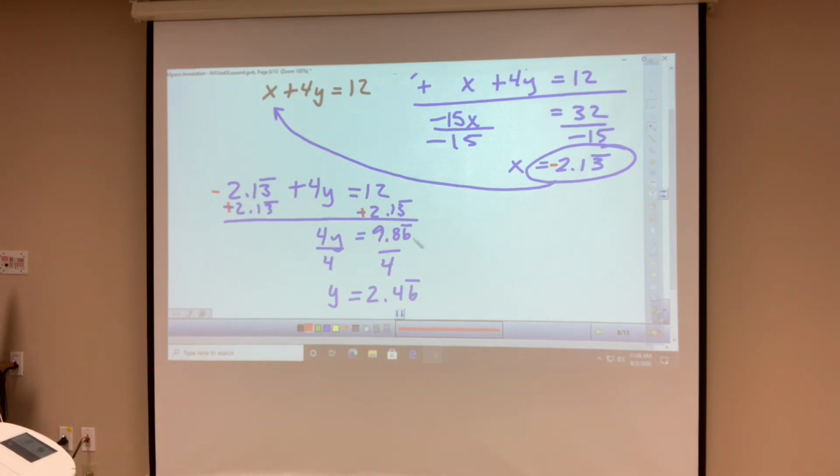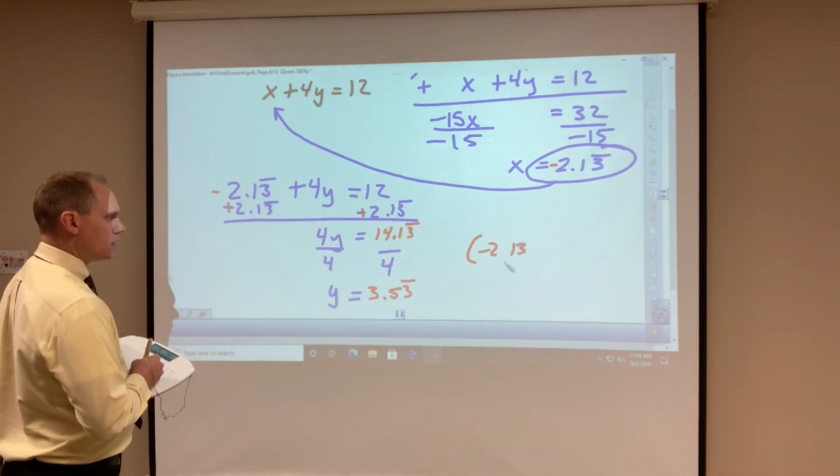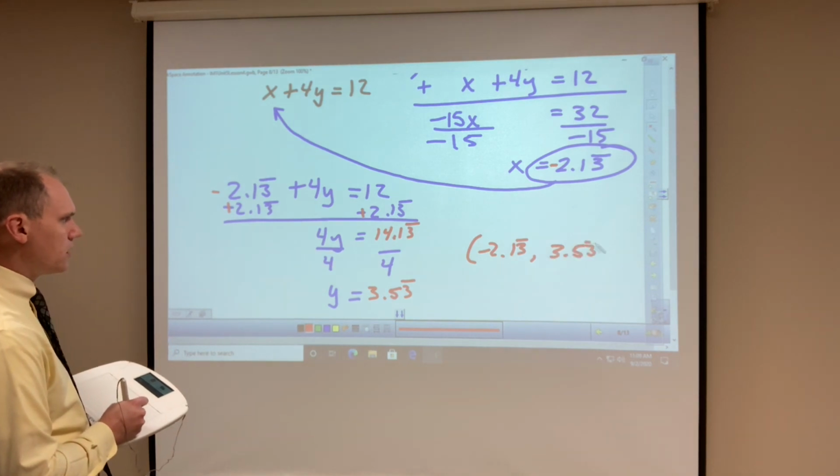So 14.13 repeating divided by 4 gives us 3.53 repeating. So we have the point negative 2.13 repeating, comma 3.53 repeating.